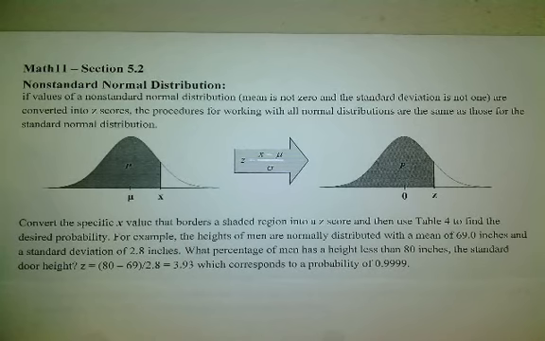For example, the heights of men are normally distributed with a mean of 69 inches and a standard deviation of 2.8 inches. What percentage of men has a height less than 80 inches? The standard door height. Well, here's our z-score.